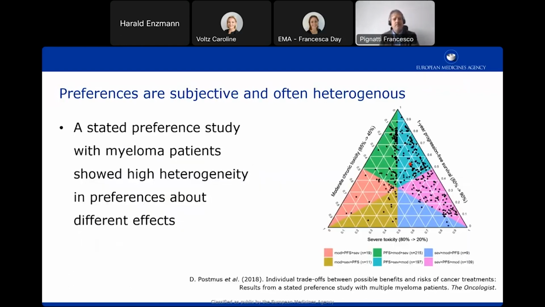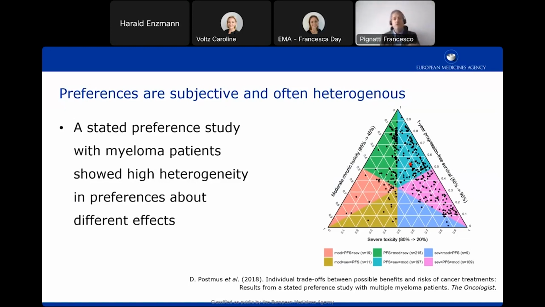Now, some of the more complex ingredients are the so-called value judgments, which are subjective. In fact, we did a study recently where we asked a number of myeloma patients how much they value progression-free survival compared to chronic and acute severe toxicity. And we saw a cloud of different answers, different preferences.